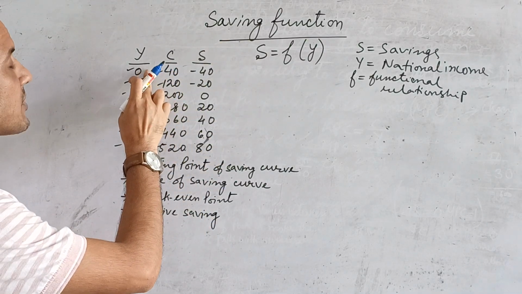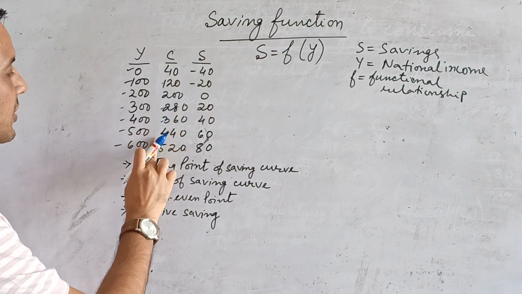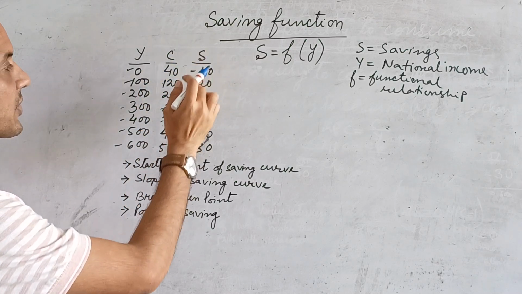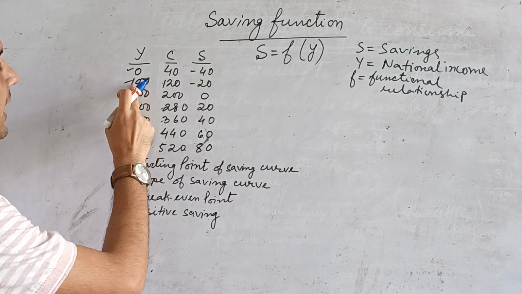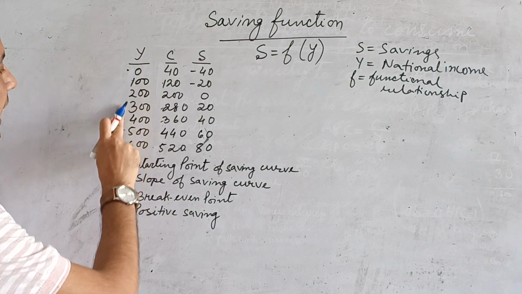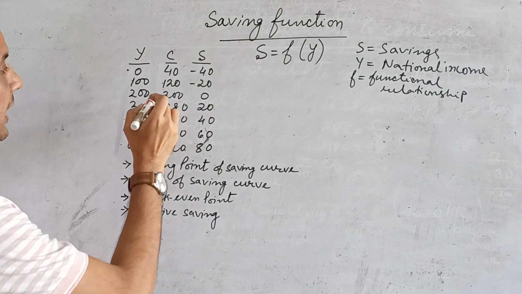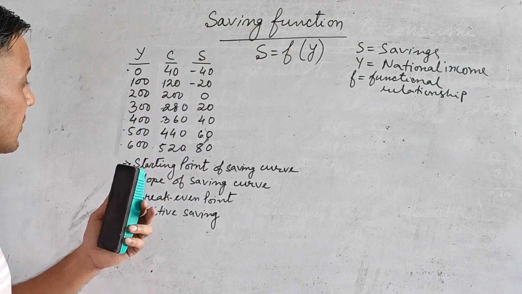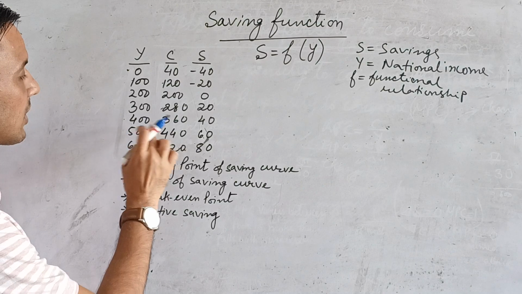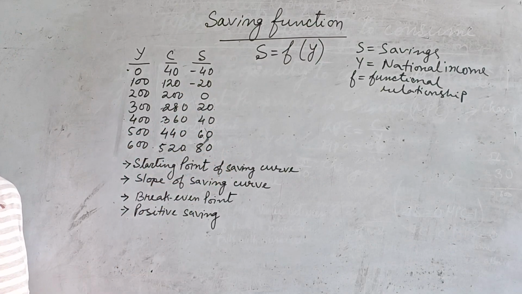When income is 0, consumption is 40, so your saving is minus 40. Income is 100, consumption is 120, so minus 20. Income 200, consumption 200, then savings is 0. Like this, when income is 500, consumption is 440, then your savings is plus 60.